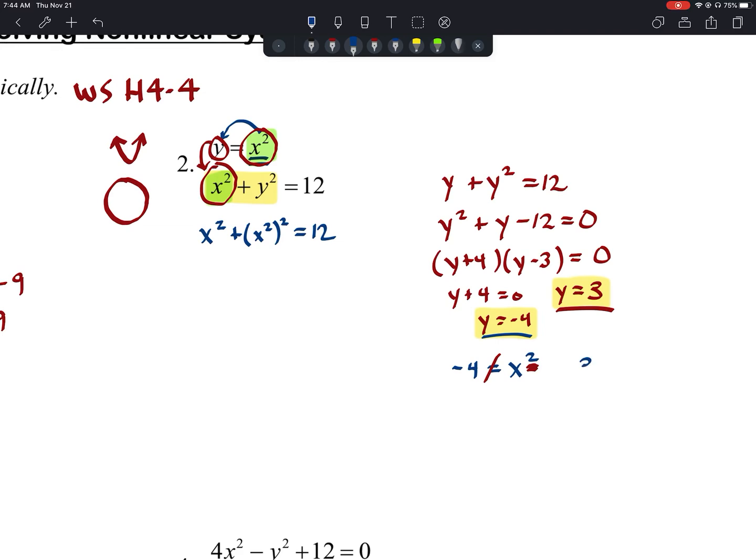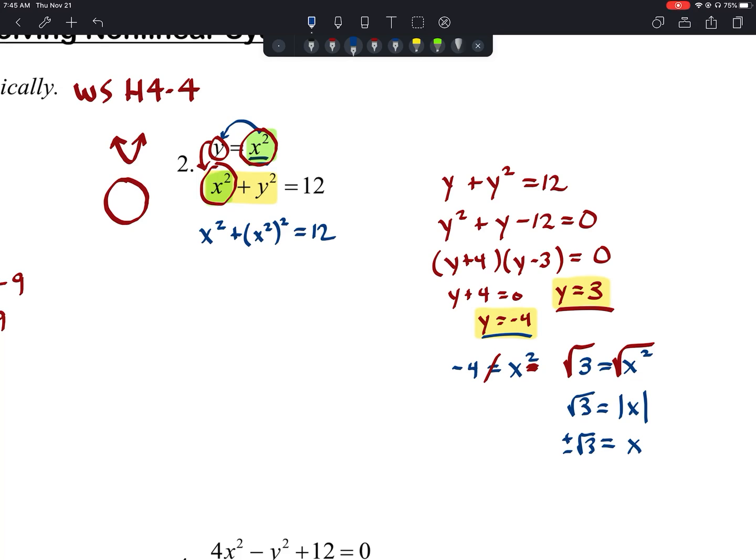So as we do that, we're going to have 3 is equal to x squared, which makes a little bit more sense, right? So when we take the square root of something squared, we will get that positive. So we're going to take the square root of each side, and after we do that, we know that we're going to end up with the absolute value of x equals the square root of 3. So therefore, x is going to have to equal positive or negative square root of 3.